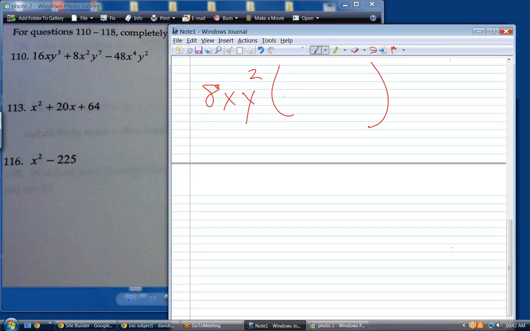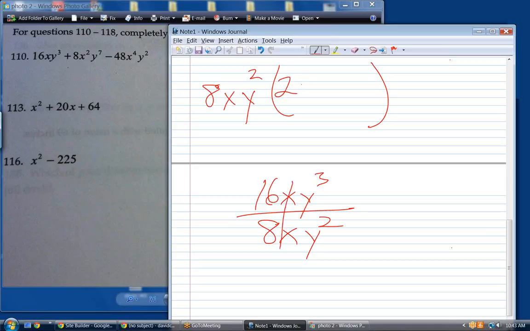The way to do it is to divide your first term by this entire expression. In other words, you're going to take 16xy to the third and divide it by 8xy squared. What do you get? The x's cancel.